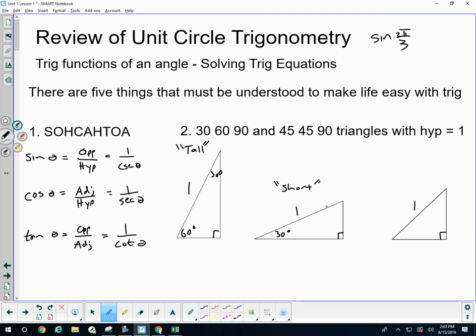So, same angles, 30, 60, 90. Now, we can use trigonometry to show that for a 30, 60, 90 triangle, the shorter side length is 1/2. The longer side length is √3/2.